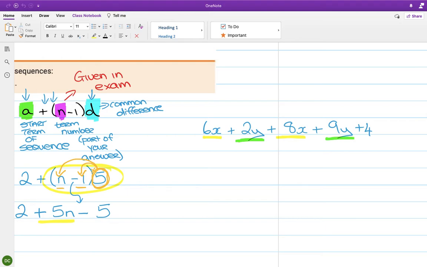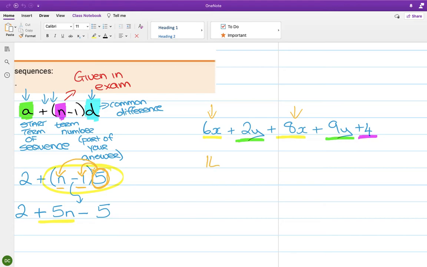Now at the end here I have just a 4. The 4 doesn't have an X on it, so it's not in the X family, and it doesn't have a Y on it, so it's not in the Y family, so it's on its own. It doesn't have anyone to pair up with. Then what we do is literally add them. If we have 6 X's here and 8 X's here, how many X's do I have in total?